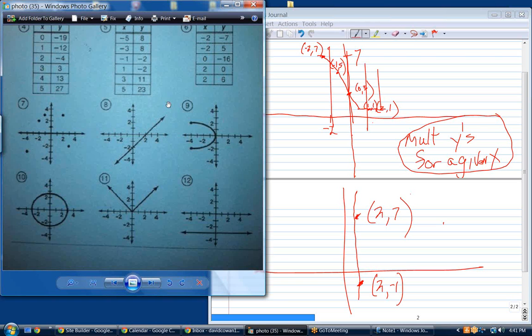Okay, how about 7? It is a function. Yeah, it looks to me like it is. How about 8? Yes. About 9?